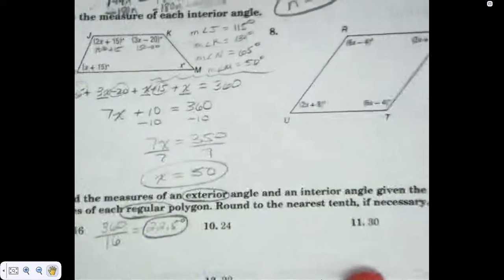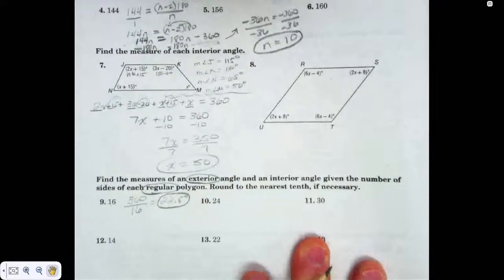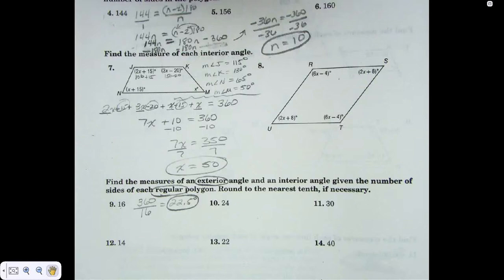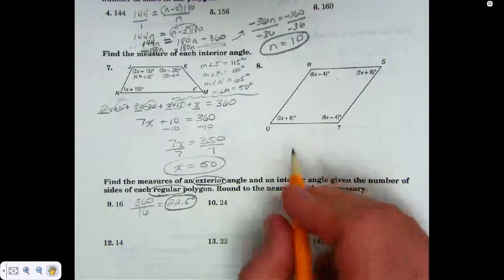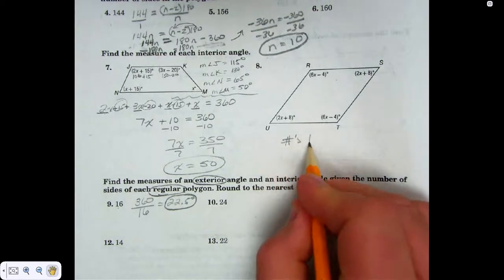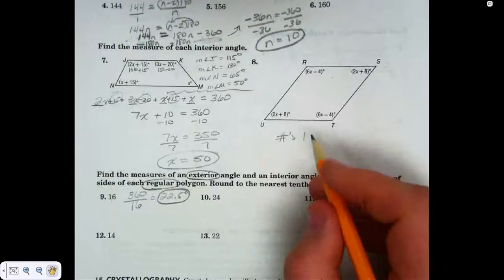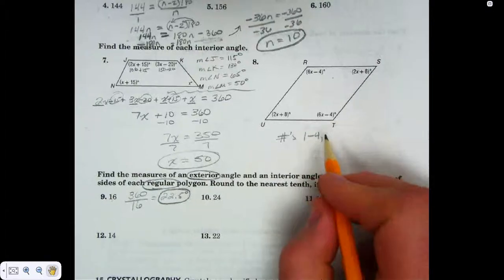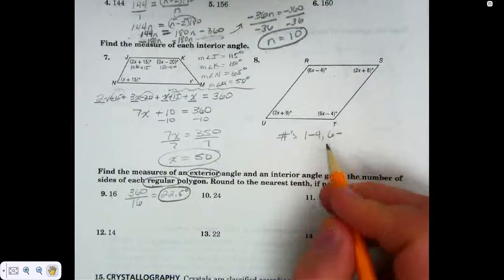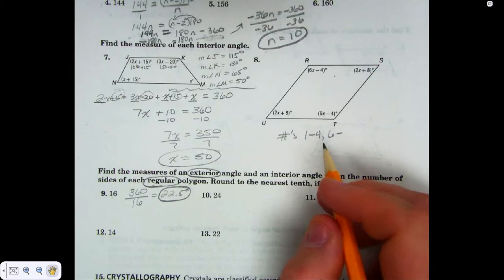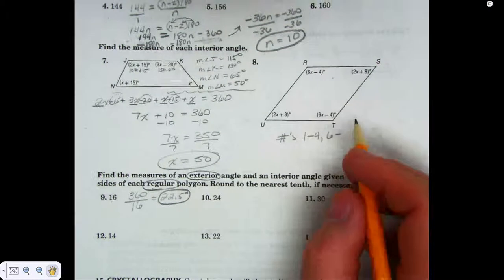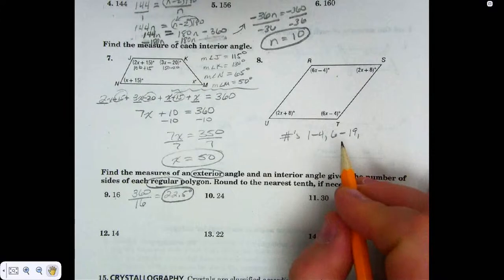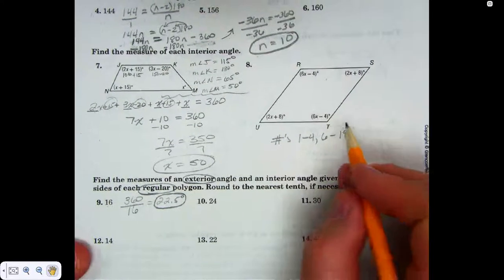All right, I'm going to zoom this out so you have kind of everything there, and I will write down your assignment. We don't ever do these as homework. Numbers 1 through 4, 6 through 19, and 30 through 33.